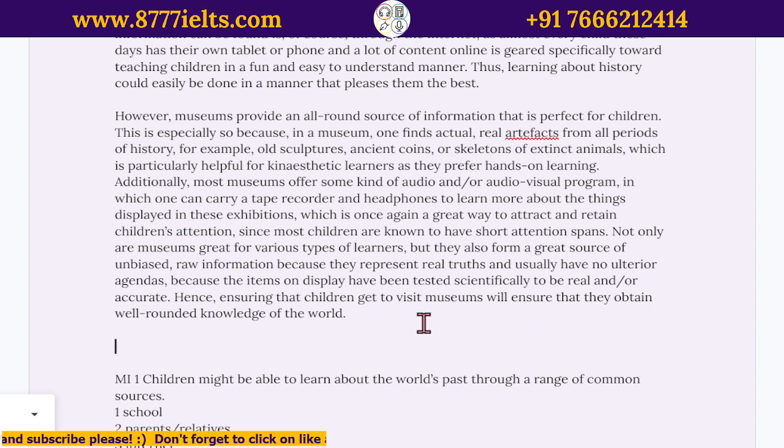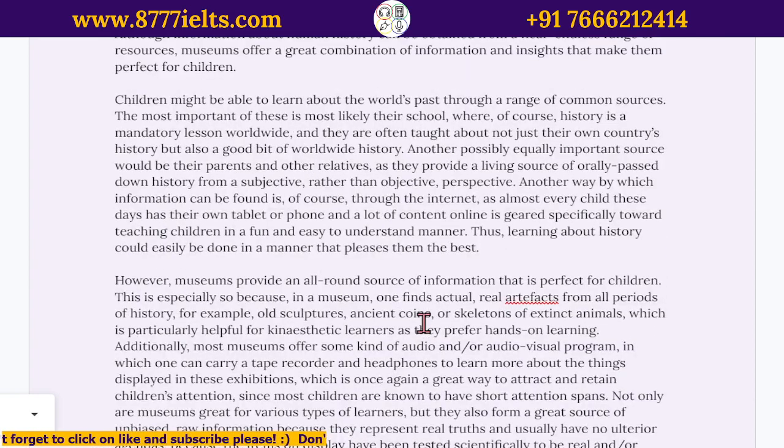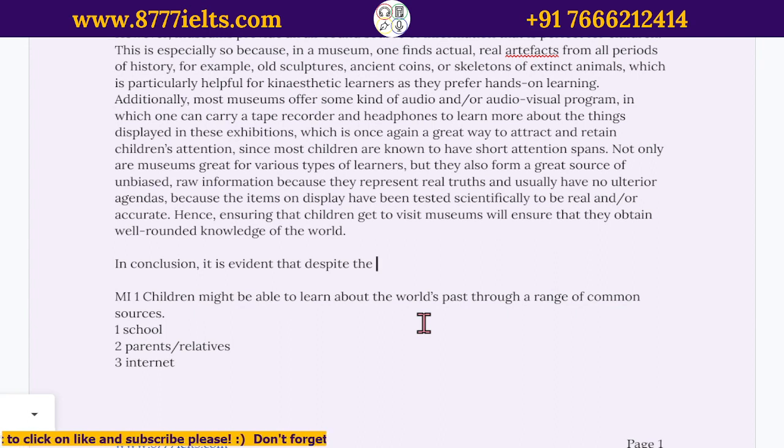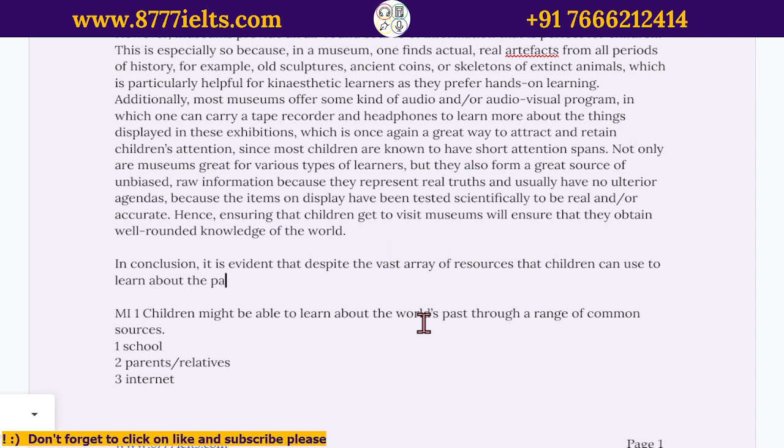And then I need my conclusion. So in conclusion, it is evident that despite the vast array of resources that children can use to learn about the past, museums still have the upper hand because they offer an unbeatable experience.